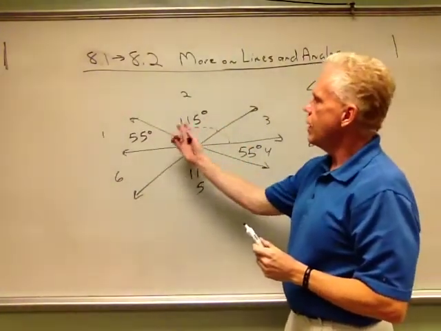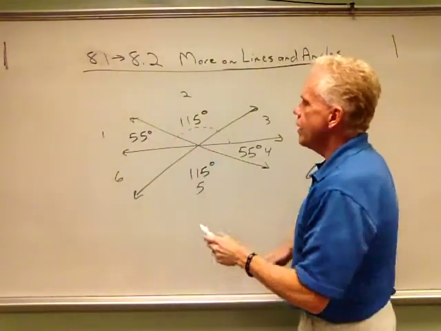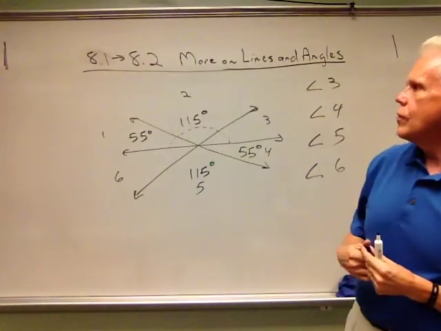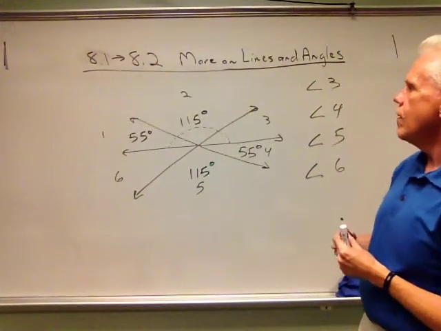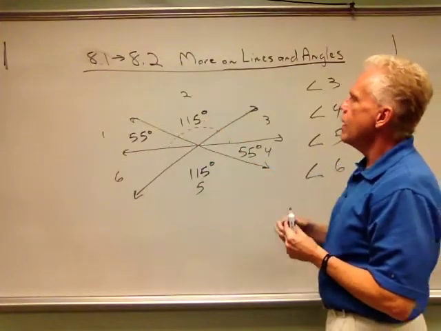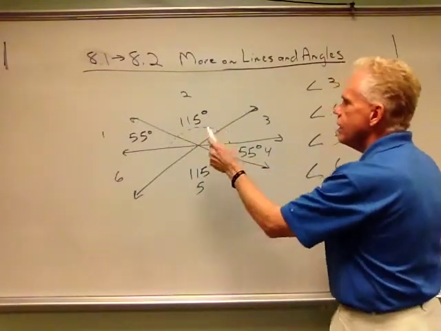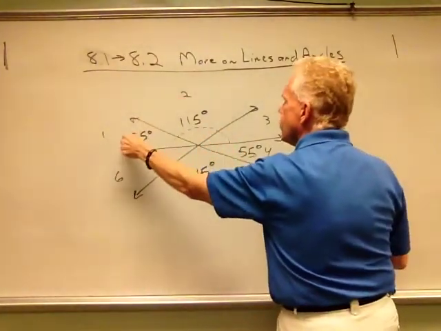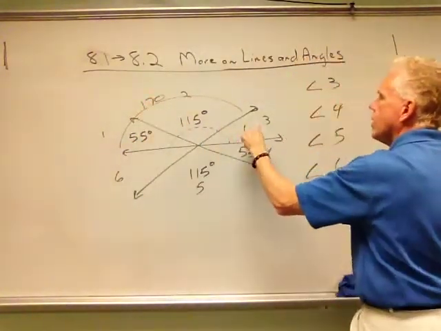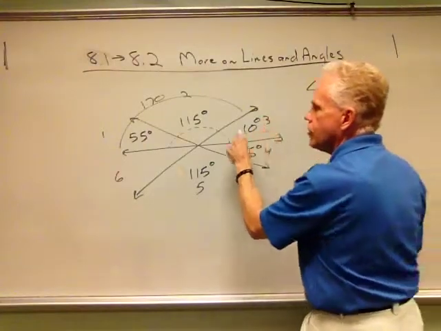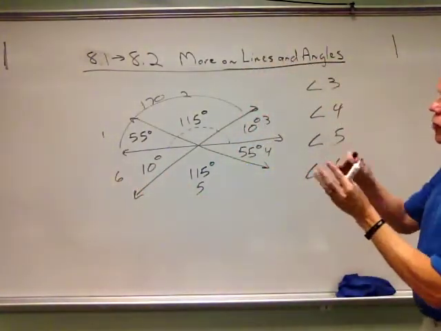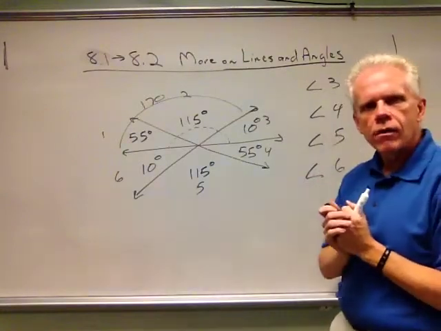The 115 and the 55 together are going to get me 170. So that leaves, out of 180, 10 right here, which means this opposite angle here is also 10. So from two angles, I can get every angle on the thing.